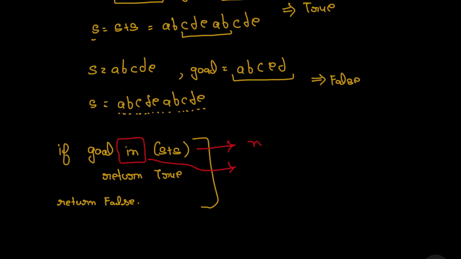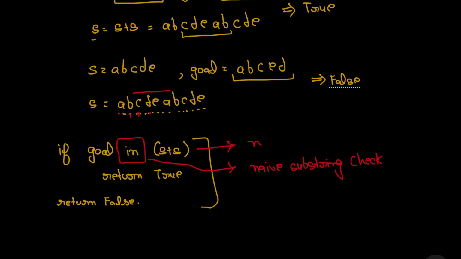Normally, to check if a substring is present in a string or not, the complexity would be n square if you do a naive substring check. With a very basic check, at the first index you check if A, B, C, D, E is equal to A, B, C, E, D. Then you move to the second index and check if B, C, D, E is equal to A, B, C, E, D. Then you move to the third index and check if C, D, E, A, B is equal to A, B, C, E, D. Then you move to the fourth index and do the same thing again.